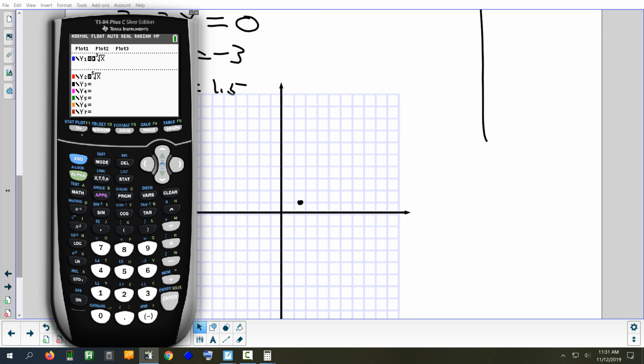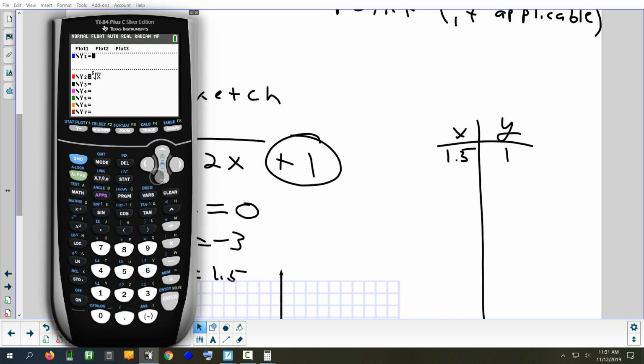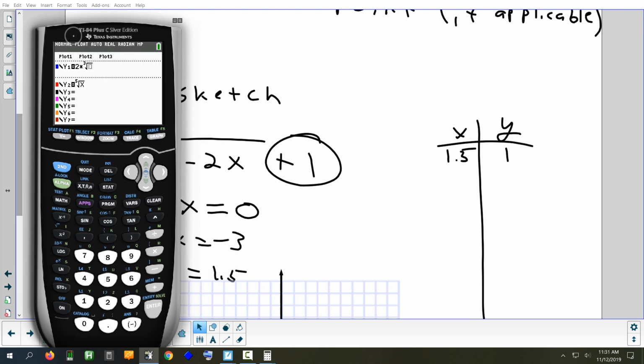So, let's go to our calculator, and let's put this all in. I'm going to show you how to type that whole thing in. This is how you have to type it in. 2 times the cube root of 3 minus 2x.